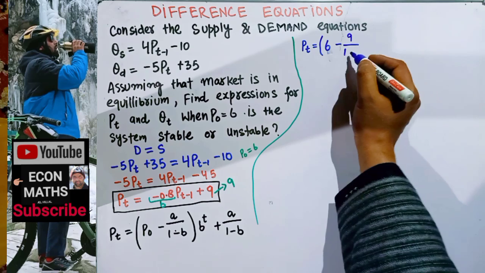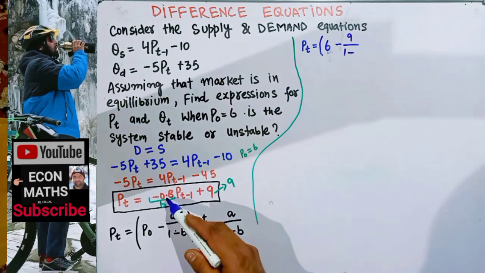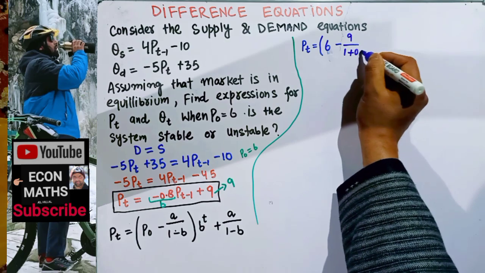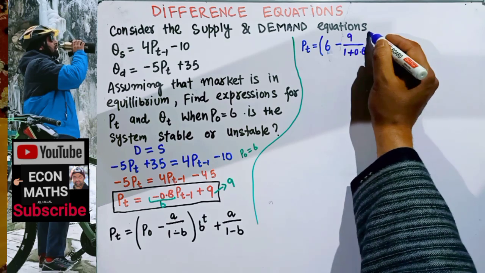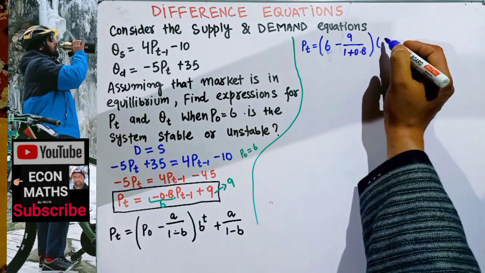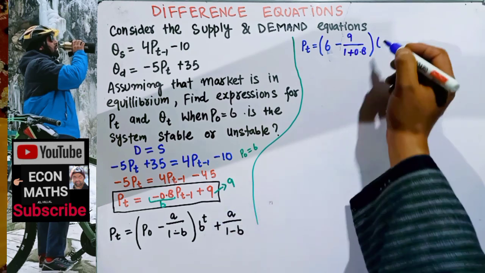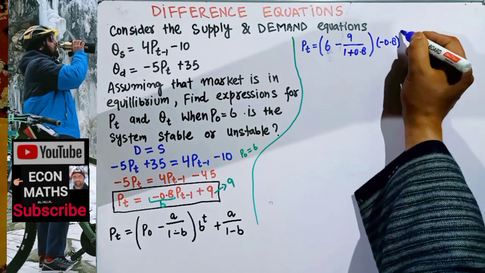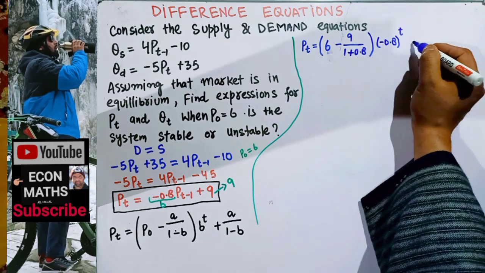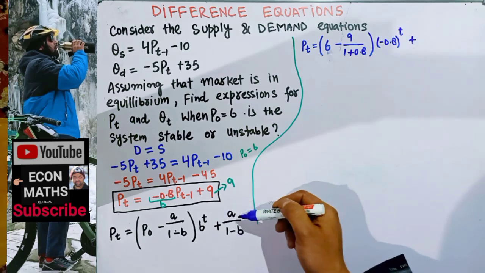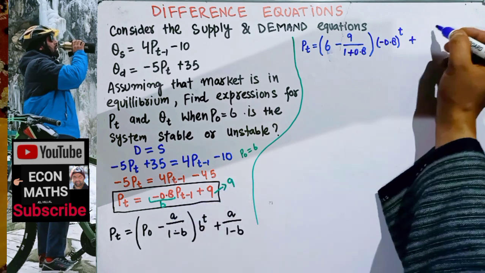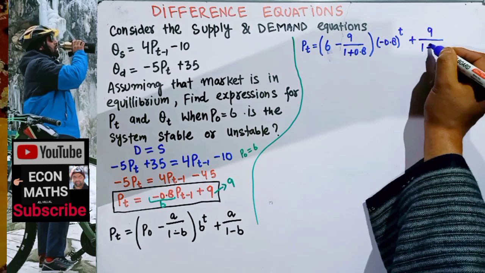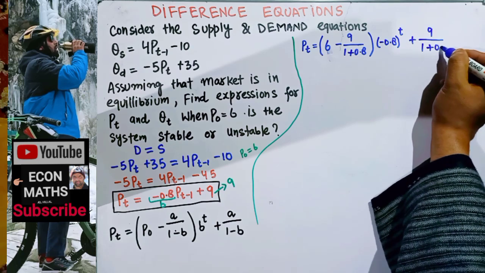Since b is minus 0.8, minus into minus is plus, we will get 0.8. Bracket, then in place of bt, b is our minus 0.8 raised to the power t, plus a again is 9, divided by 1 minus b, which is 1 plus 0.8.